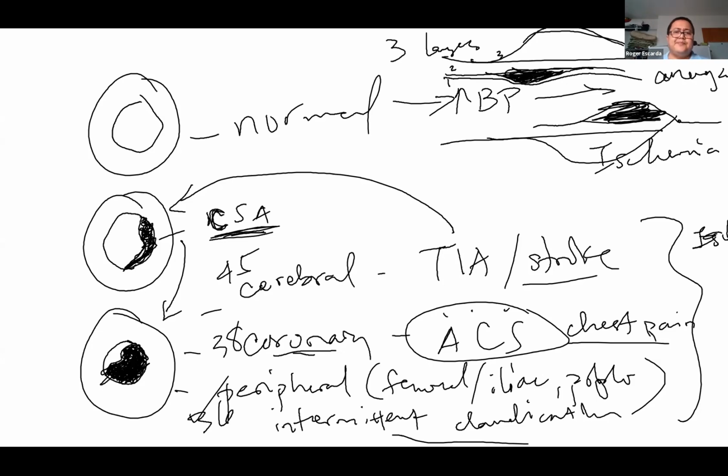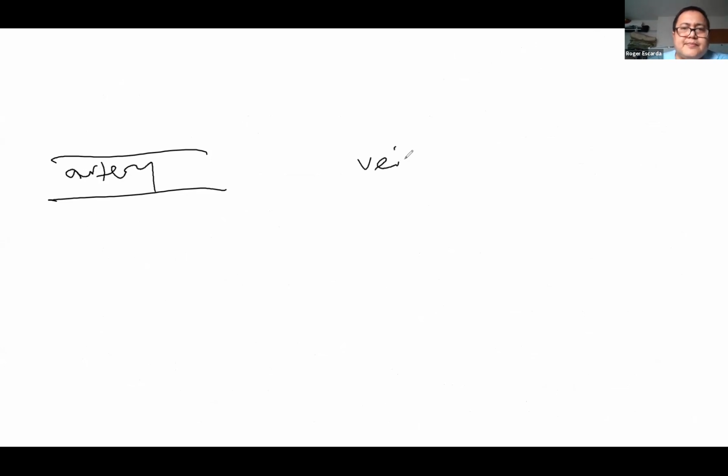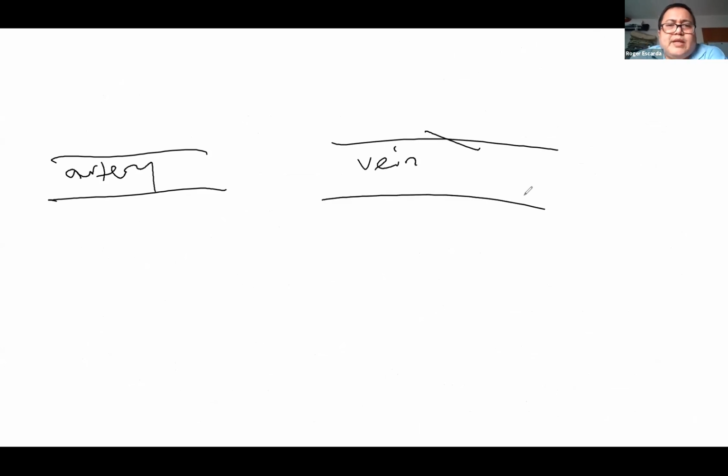An AVM is different. An AVM is an abnormal connection between an artery and a vein. Are arteries and veins normally connected?